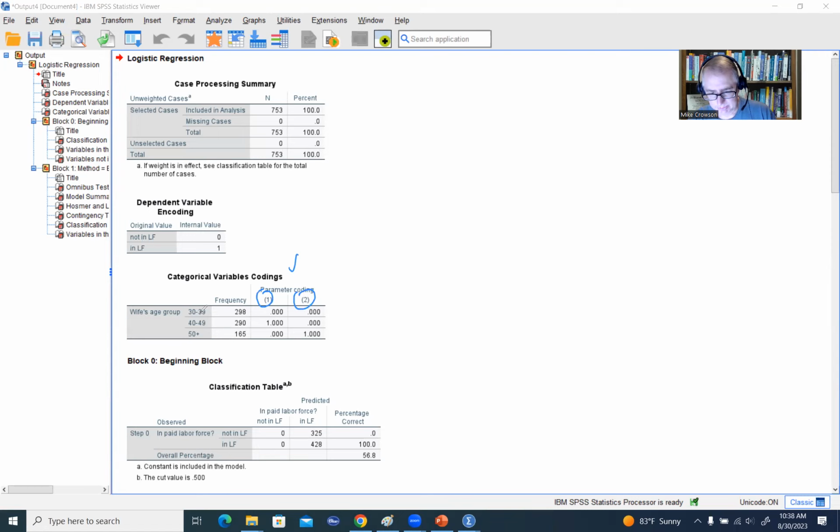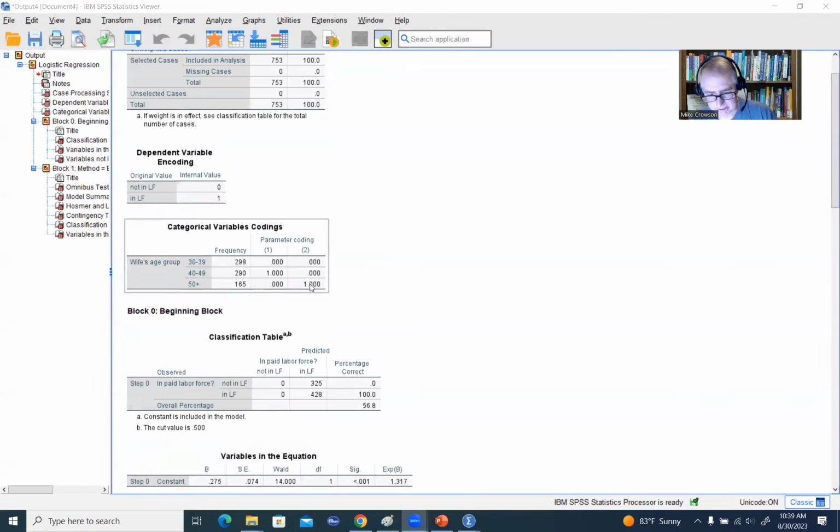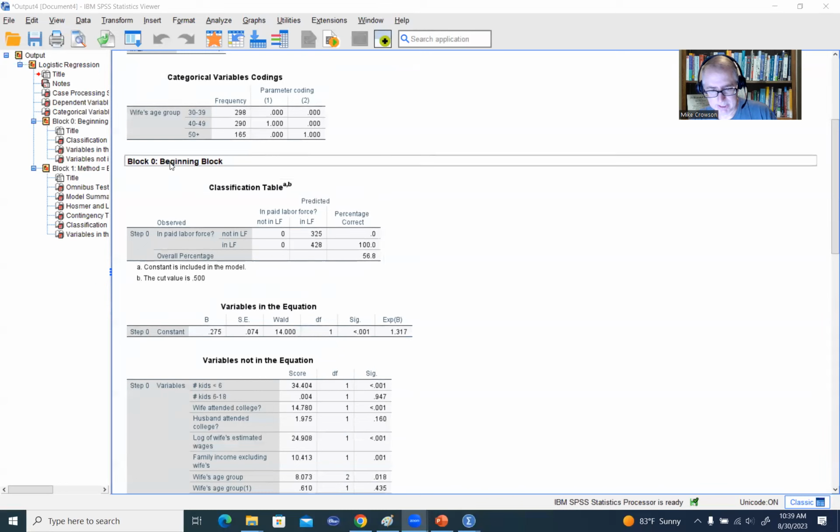In terms of the reference category, the 30 to 39 group, these women were coded 0 on both of our dummy variables. For the 40 to 49 group, these women were coded 1 on the first dummy variable, 0 on the second one. And then the 50 plus group, the women were coded 0 on the first one and then 1 on the second one.